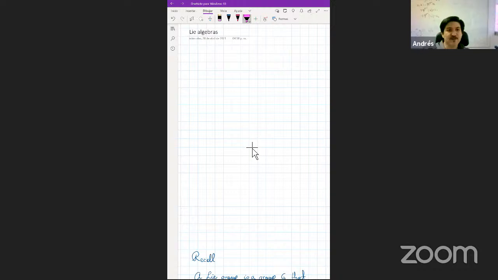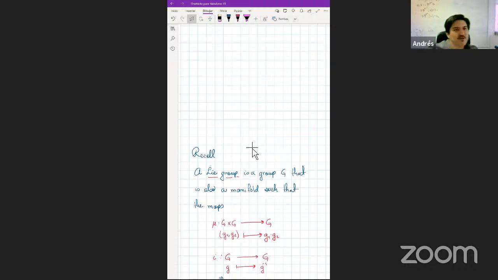So far, we have only defined it as a vector space, the tangent space at the identity, but there is more to it. So we will focus for today and tomorrow on Lie groups, basically. And not only that, we will study Lie groups, but our point of view will be matrix groups. So let's start now. I'm going to review the definition of a Lie group.